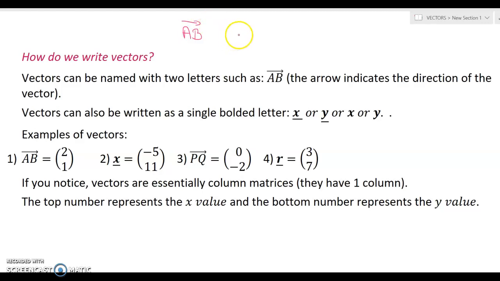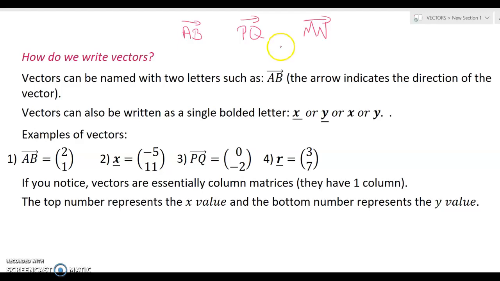If I had vector PQ or vector MN, it's written with the arrow at the top. So it can be written using two letters with the arrow indicating the direction of the vector.